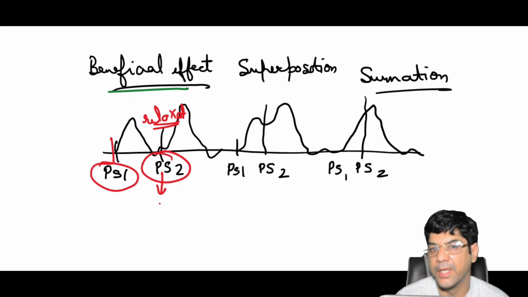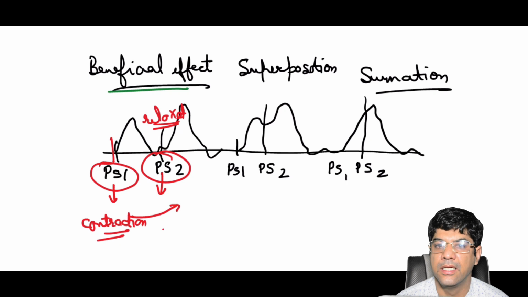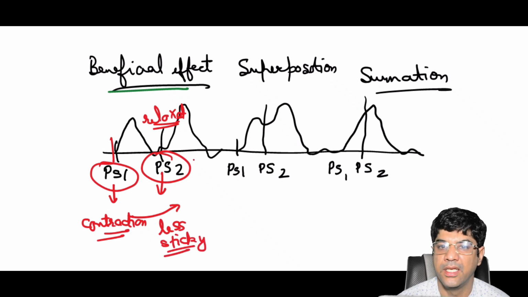So why does this happen? Remember, with the first contraction, the muscle heats up. This heat makes the muscle less sticky. Due to that, the muscle can contract more forcefully the second time.